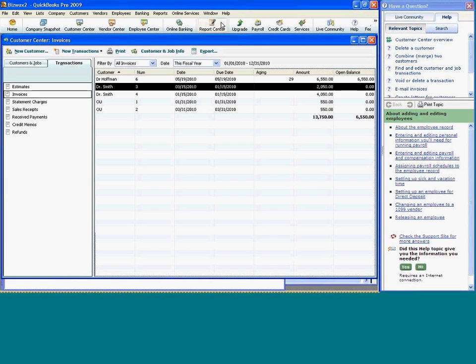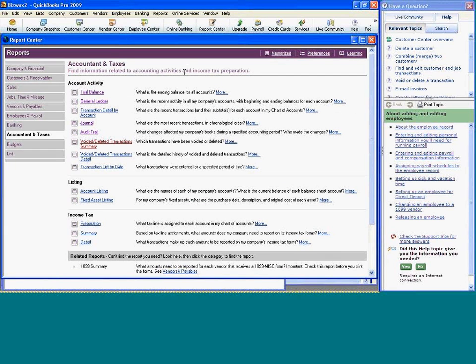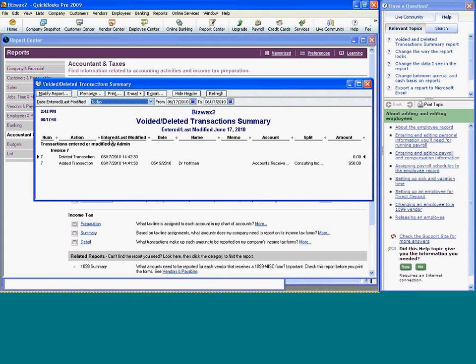So now, on that last report that I had, now it says here that I added a transaction on the date of 5/19 for Dr. Hoffman, and at 6/17/2010, 14:41:58, that's today, I deleted it.